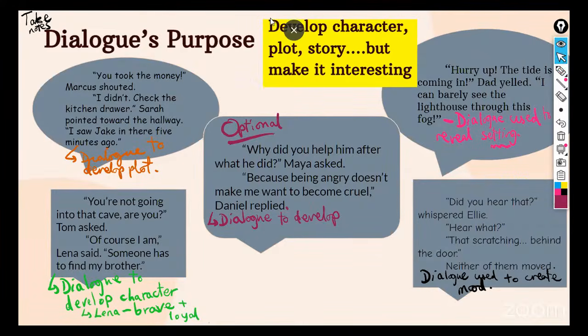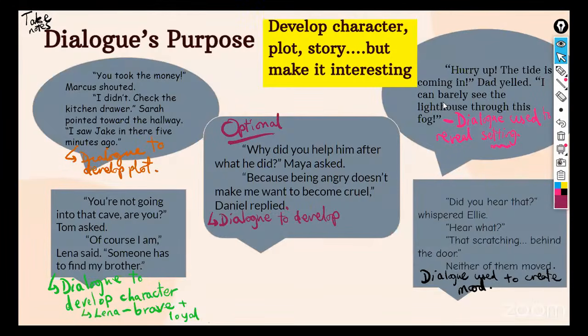Does that sound like a life lesson? And if it is a life lesson, okay, yeah, it could be showing character. That's true. I didn't think of that. Or it could be development in character. Yes, that's true. We need the rest of the story to know. It could be character development.